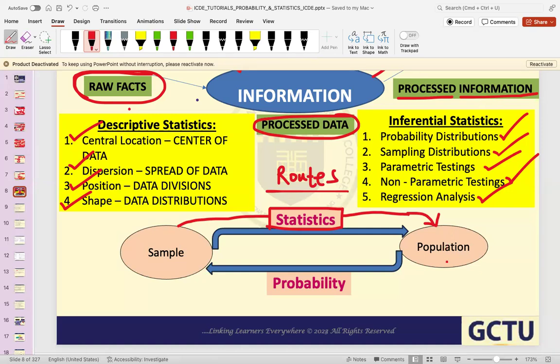Or we will start from population as another route, and then we use the tool of probability to then convert population characteristics into sample characteristics. Let me give you something pictorial for you to appreciate the movement.